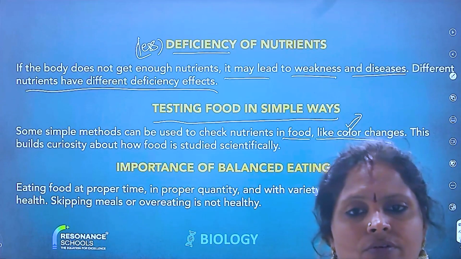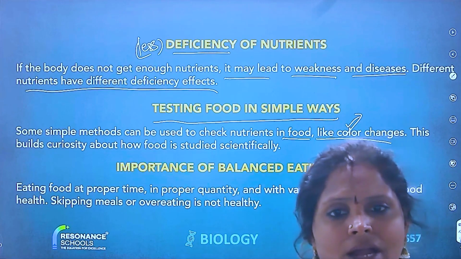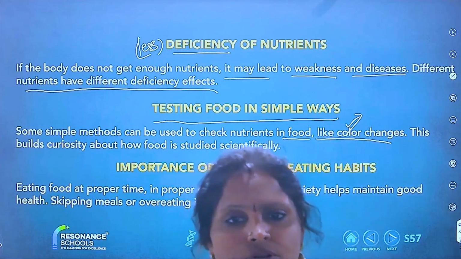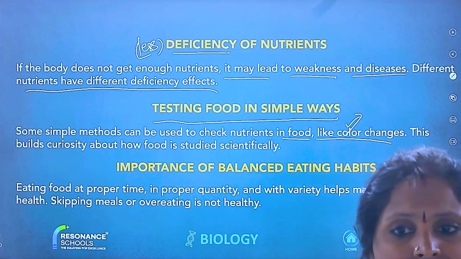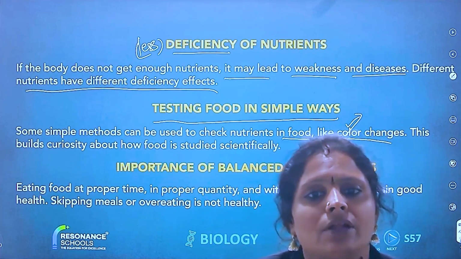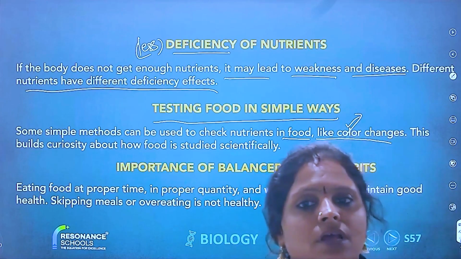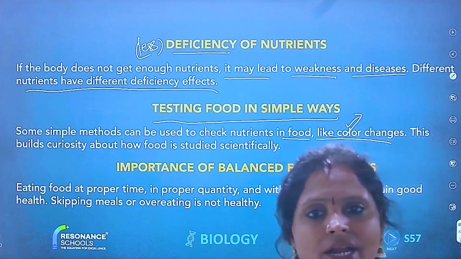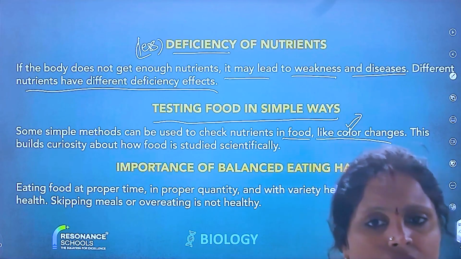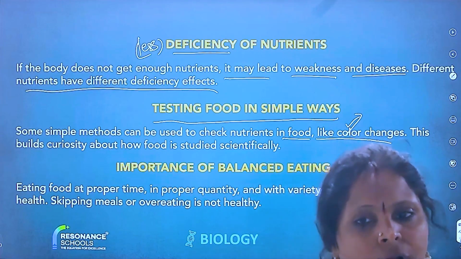Now what you need to do? You need to take them in plates and add a drop of iodine solution. If you add the drop of iodine solution, what happens? The raw rice doesn't get any color. The color of iodine is brown.